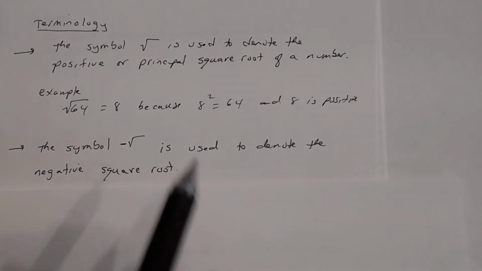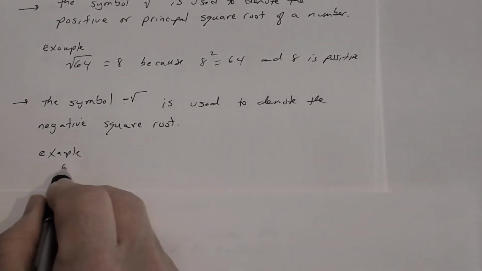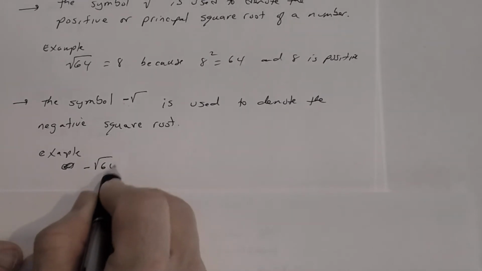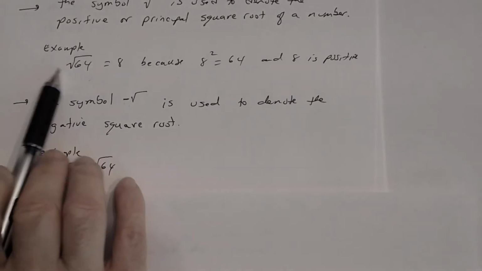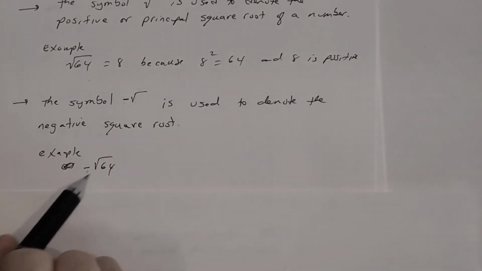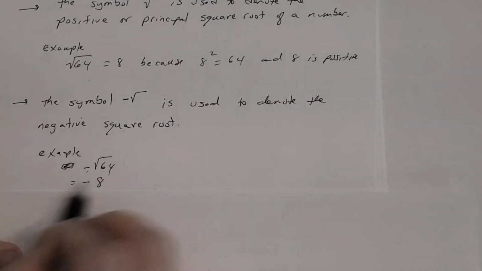Okay, so let's look at this example. So let's suppose we had this then. Our example. So let's suppose we had negative square root of 64. So a while ago, we saw that the principal square root of 64 is 8. All right. So then the negative square root of 64, what do you think that has to equal? A negative what? 8.